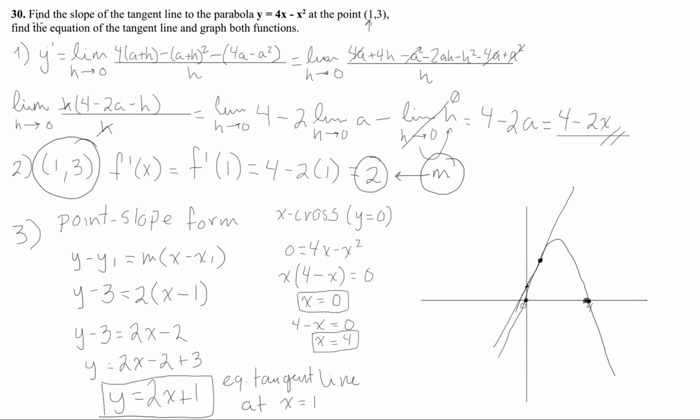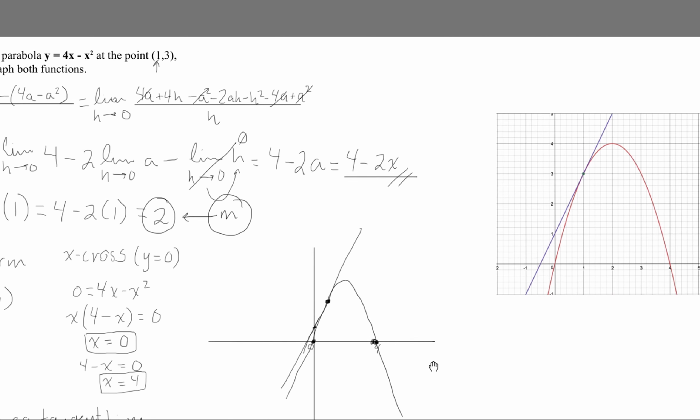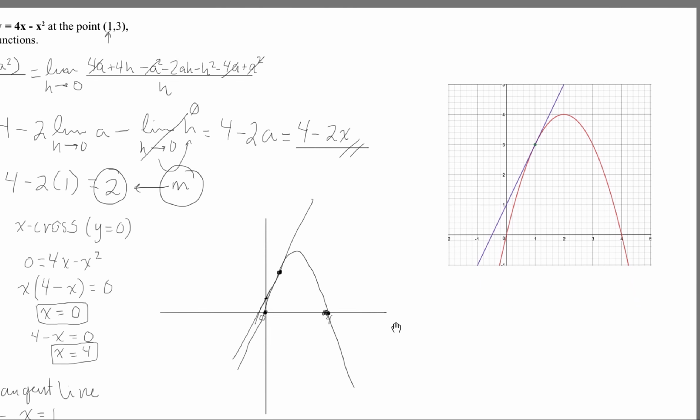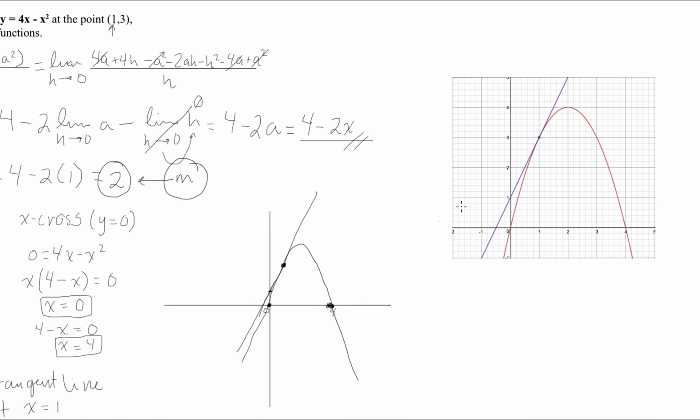So now we found the equation of the tangent line, and we drew both functions. In case you want to see the exact representation of these graphs, I used this program so we can see them. It is pretty close.